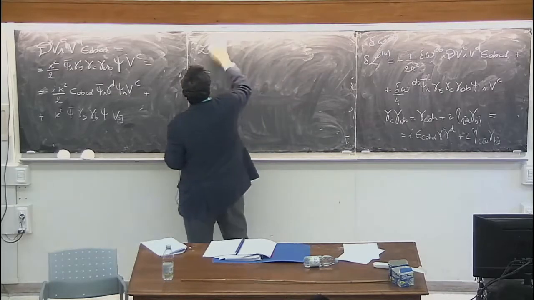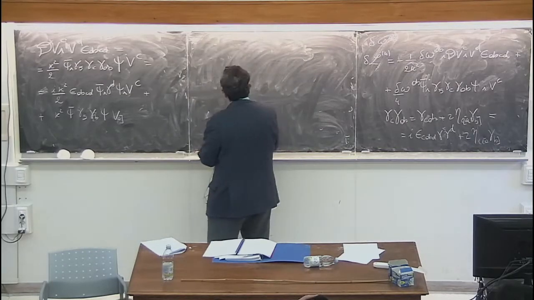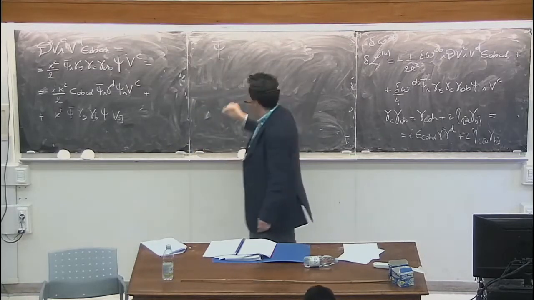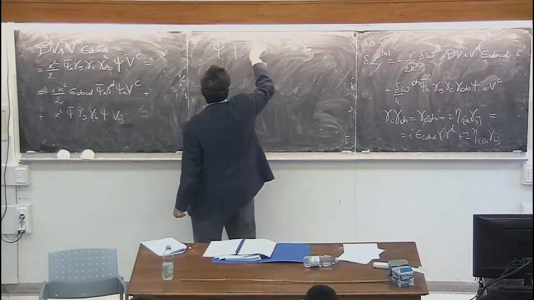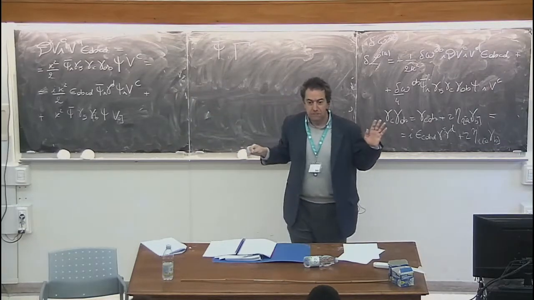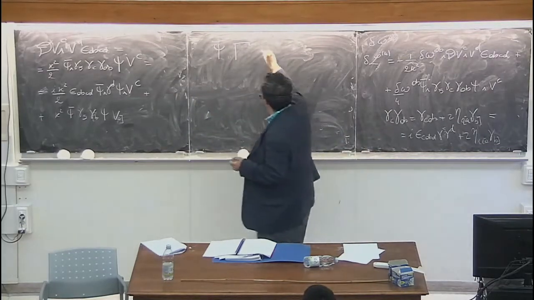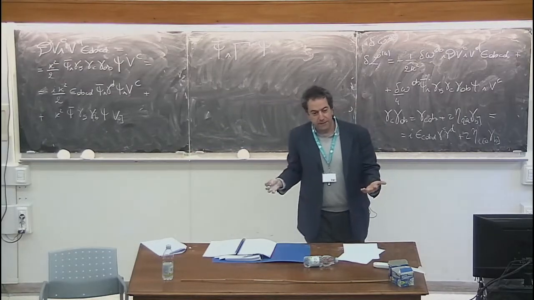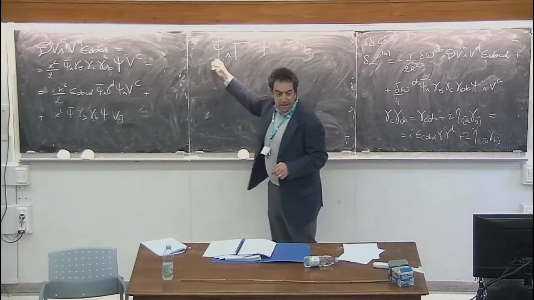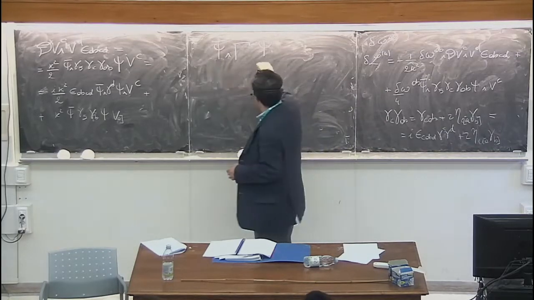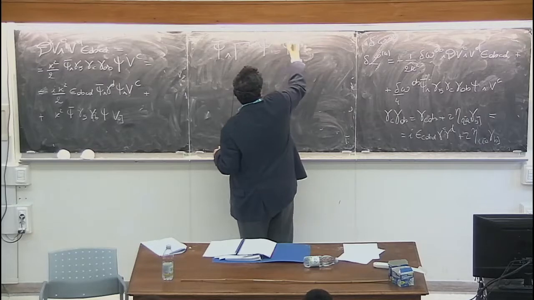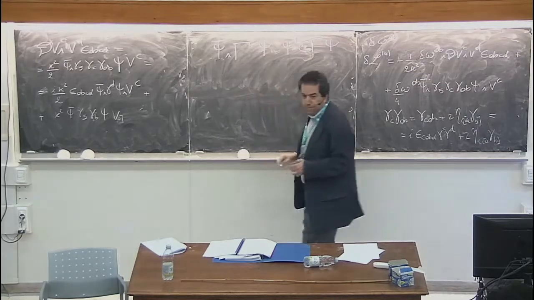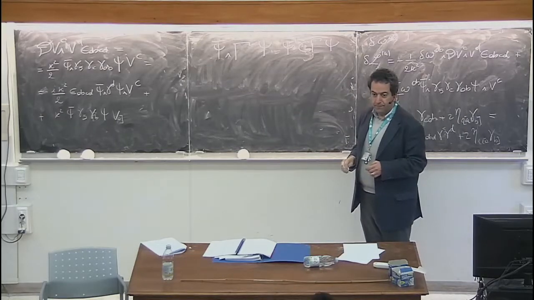If I have a psi bilinear of this form, where there is a gamma matrix, any gamma matrix, and psi with a wedge, I remember that psi is a Majorana spinor. So this I write as psi transpose C gamma psi, with a wedge.